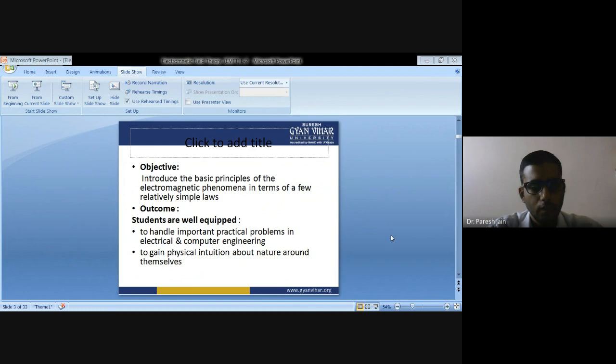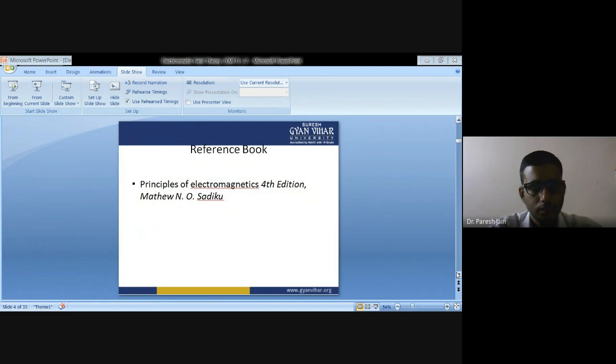After this lecture, students will be able to understand the electromagnetic spectrum to gain physical intuition about the nature around themselves. The reference book for this is Principles of Electromagnetics, 4th edition, by Tata McGraw-Hill, Sadiku.